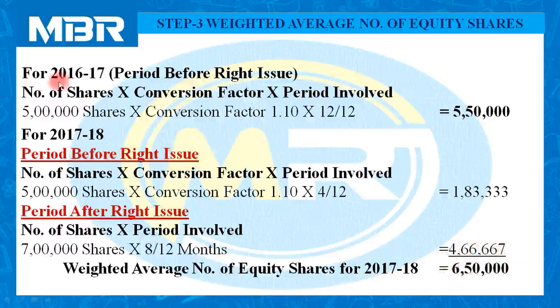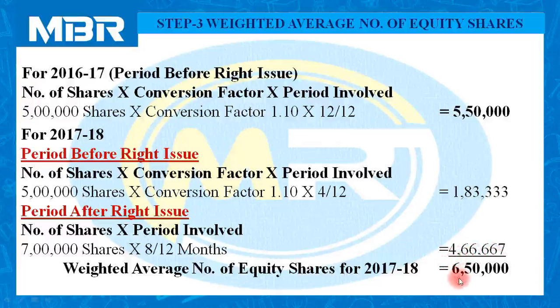So the total for the year 2017-18 is 6,50,000. For the year 2016-17, weighted average numbers of equity shares are 5,50,000. For the year 2017-18, the first 4 months are defined as a period before right issue, and during this period after the effect of conversion factor, numbers of shares are 1,83,333, and during the period after right issue 4,66,667 for the period of 8 months.